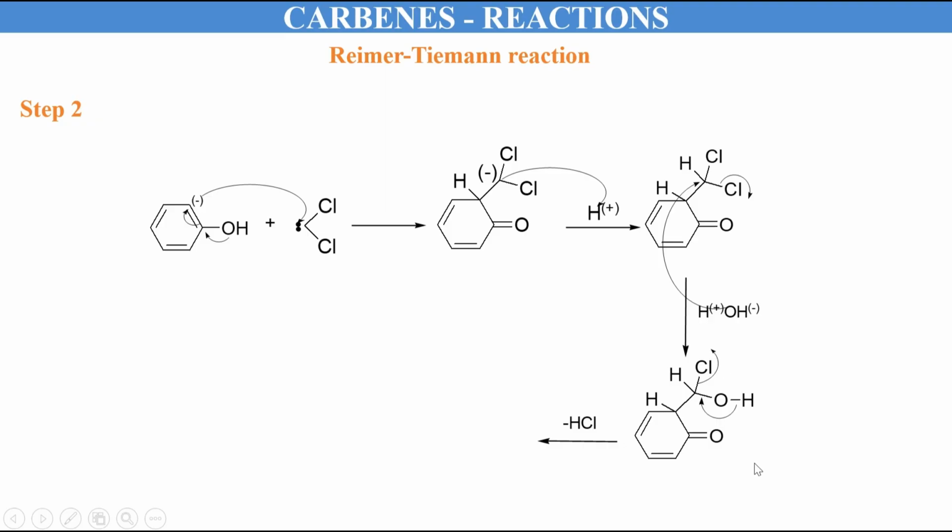H plus and Cl minus combine together to be lost as HCl, and I get the corresponding aldehyde group attached to it. Then this can come back to the enol form and it gives rise to salicylaldehyde. This is the Reimer-Tiemann reaction.